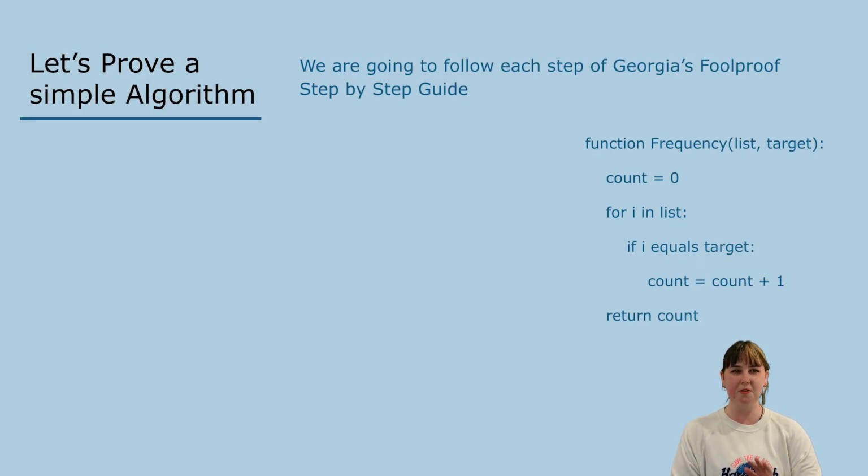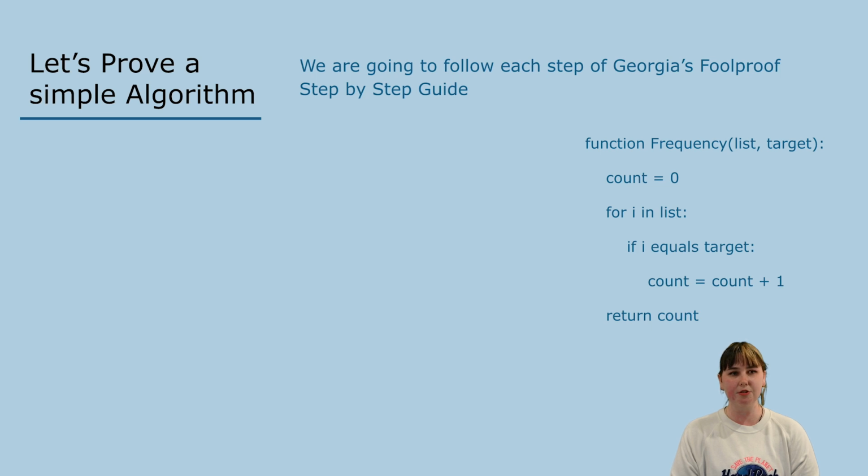So let's start with a very simple algorithm that we're just going to run through and see how this works. This is our algorithm called frequency. And what we need to do is understand how it works, and we're just doing step 1, which is stating the proposition that the algorithm works correctly. So when we have a look at this algorithm, we need to understand what we're trying to prove, and therefore what the algorithm does.